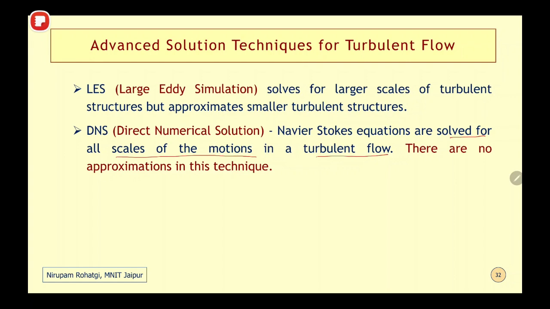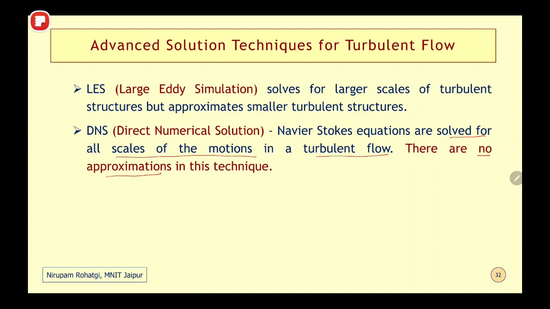Now, this is going still deeper, and there are no approximations. So you become very small, and very small size cells are taken care of. Now, if you are doing that, then what will happen? Either your computer size should be big or your problem size should be small.